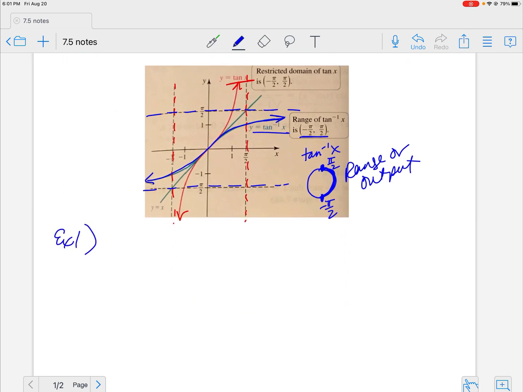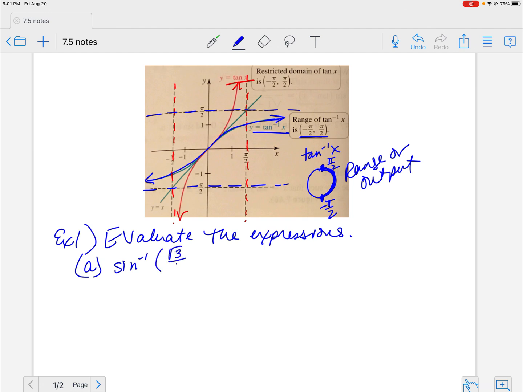here's example 1, which says evaluate the following expressions. And we have A: inverse sine of the square root of 3 over 2.